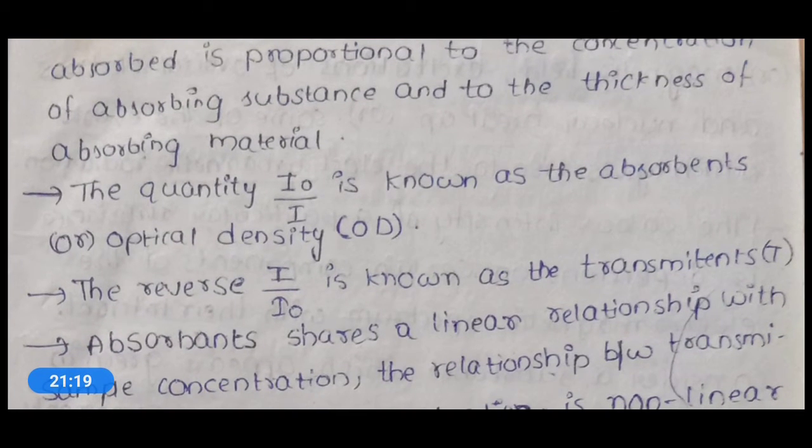Whenever you place that particular sample in the colorimeter, you will get a value and we call it the optical density value. So here it is nothing but I naught by I.